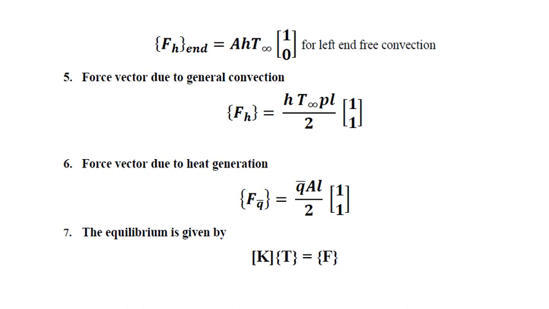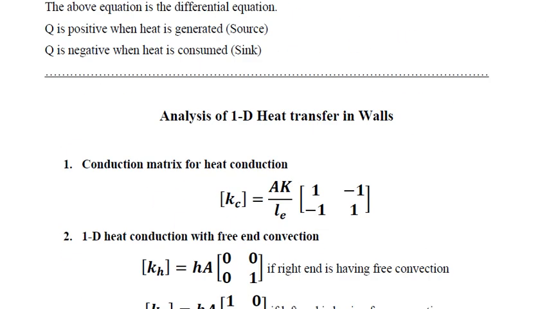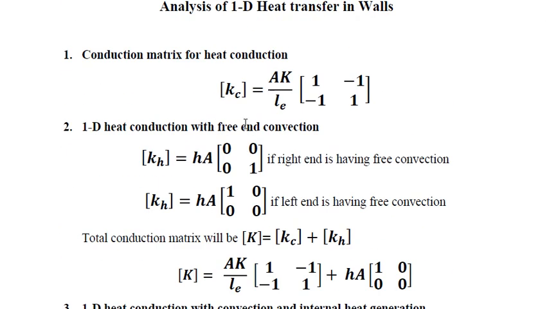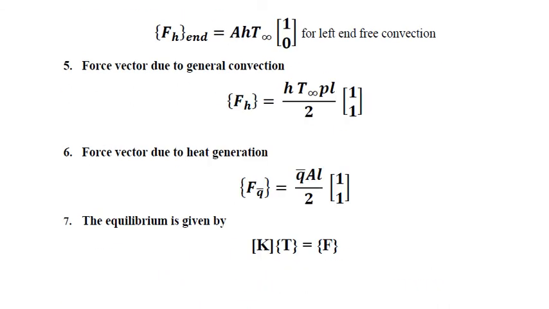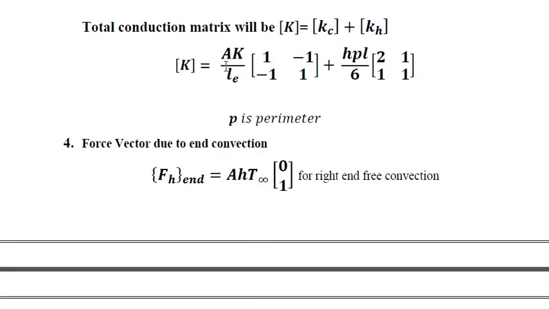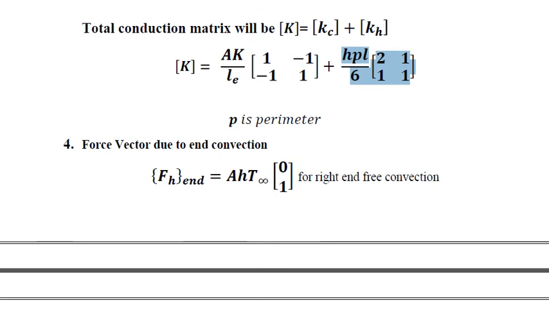What we have learnt until now, I will go through once again. We have learnt about the conduction matrix. Similarly, there is a matrix for end convection, which is added; again, it depends on right or left end convection. At the same time, one more matrix for surface convection.